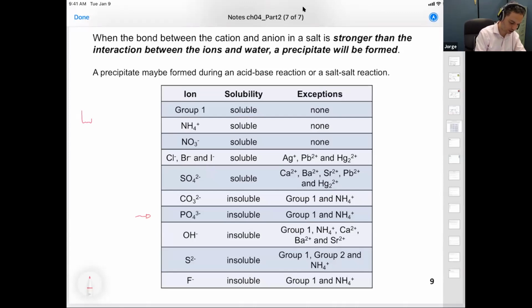So let's assume here we have solution A, and we are going to mix solution A with a solution B. If this reaction produces a salt that is not soluble in water, you're going to see the formation of a solid at the bottom, and that's called precipitate. And the rest is called solution.